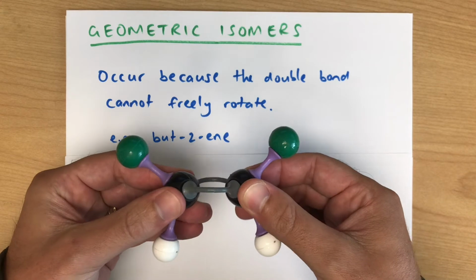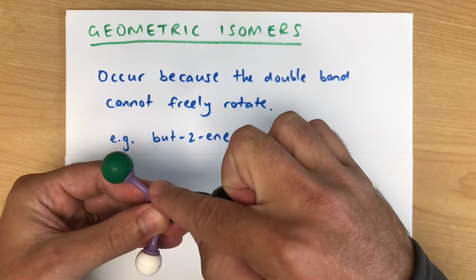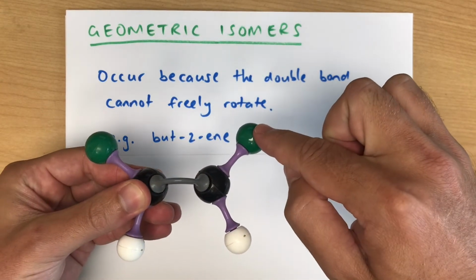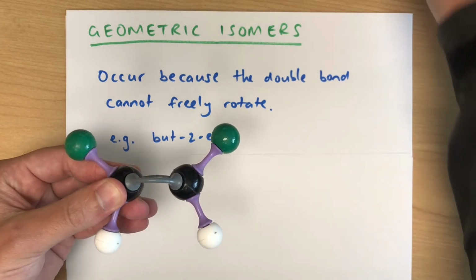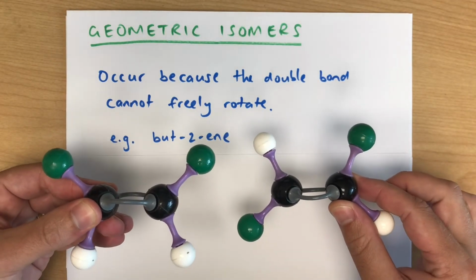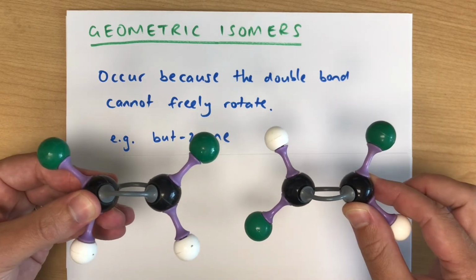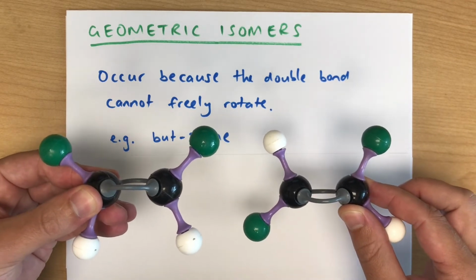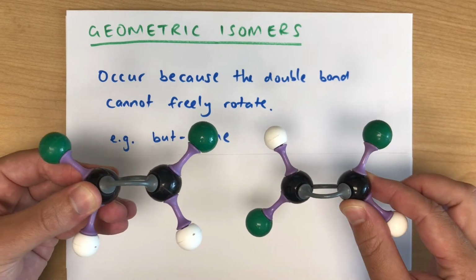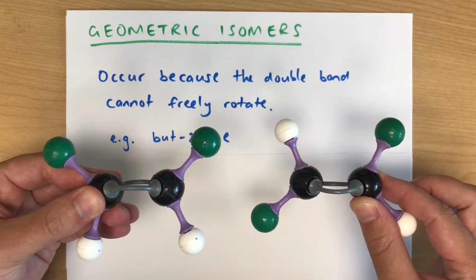So it makes a difference if our CH3 groups are on the same side of the double bond or if they're on different sides of the double bond. Because they are locked in these configurations, they are locked in different shapes, and that can affect their physical and chemical properties.